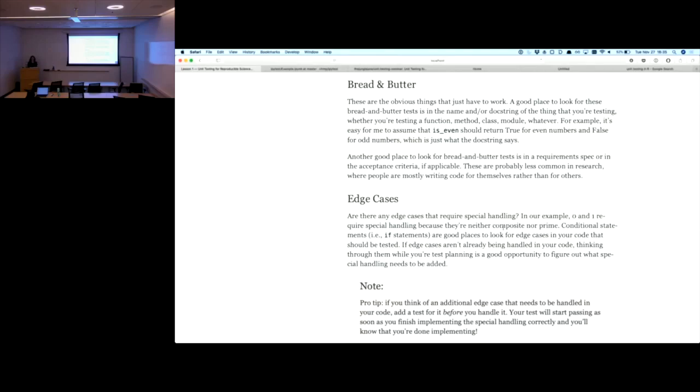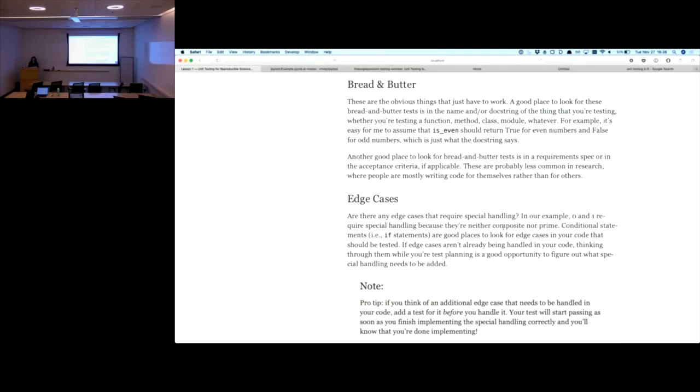So you can ask yourself this question: are there any edge cases that I need to handle specifically in my code? A good place to look for existing edge cases that are already being handled is in if statements. They can lurk in there.